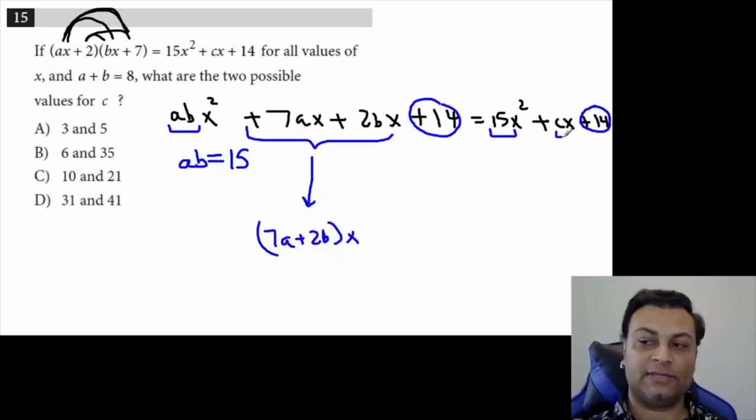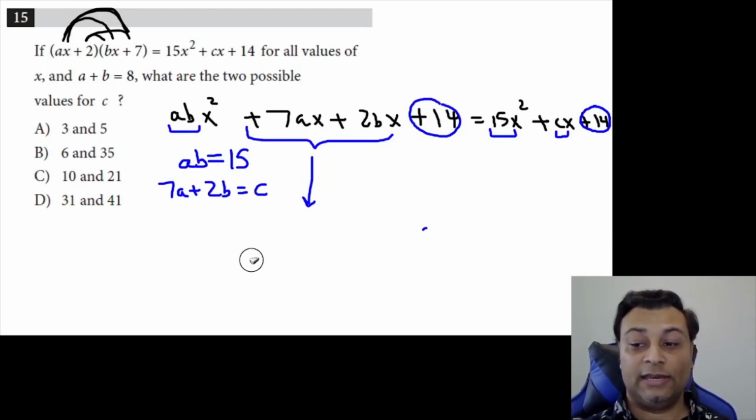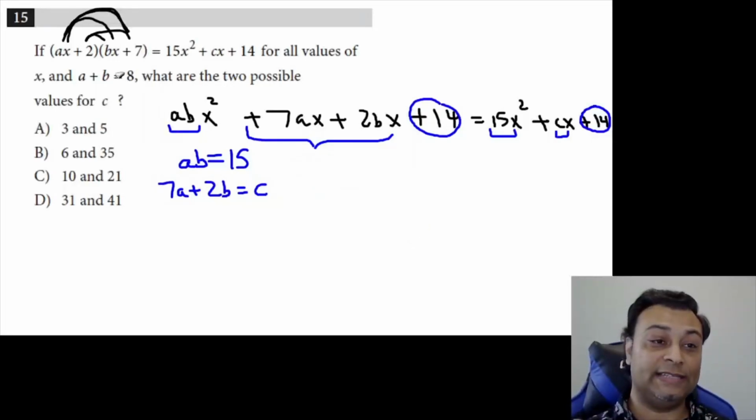And that's the same as c times x. So now we have another equation, which is that 7a plus 2b is c. Okay, so we have these two equations to work with. And we also have the fact that a plus b is 8. Okay, that's another equation. I should have written that out too. A plus b equals 8.